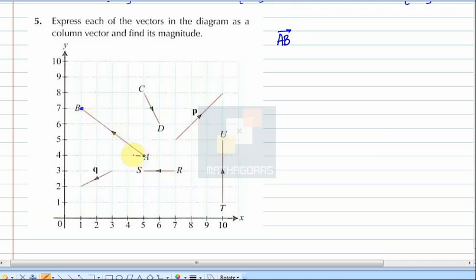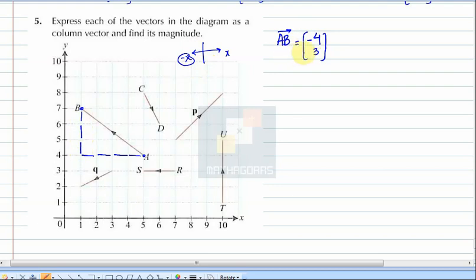So I will move 1, 2, 3, 4. So on the x-axis I move 4 units, but it will be -4 because I am moving on the left side. And with the concept of axis, if you move on the left side, it will be -x, right? Then I need to move upwards, so 1, 2, and 3. So the value of y is 3, so the column vector of AB is -4, 3.